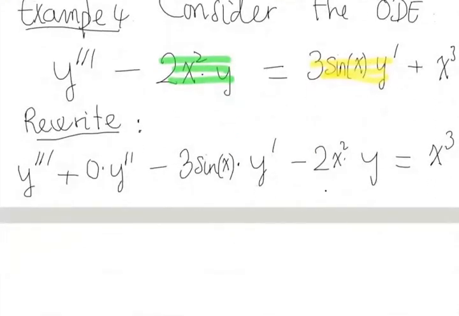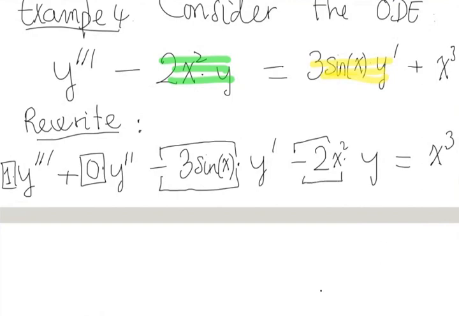Now let's look at the coefficients. For y triple prime, the coefficient is 1. For y double prime, the second derivative, the coefficient is 0. And then the coefficient of y prime is minus 3 sine x. The coefficient for y is minus 2x squared.